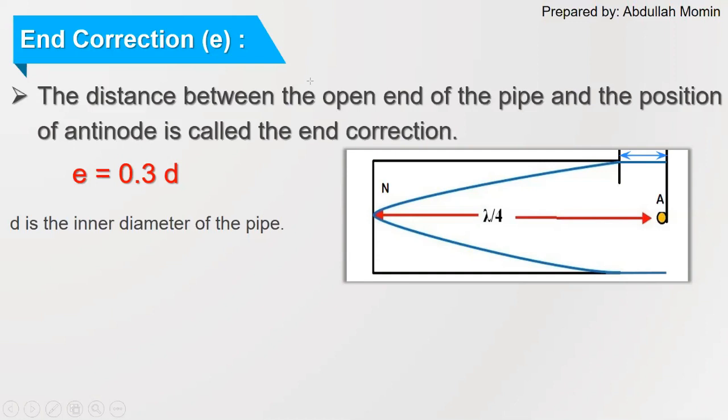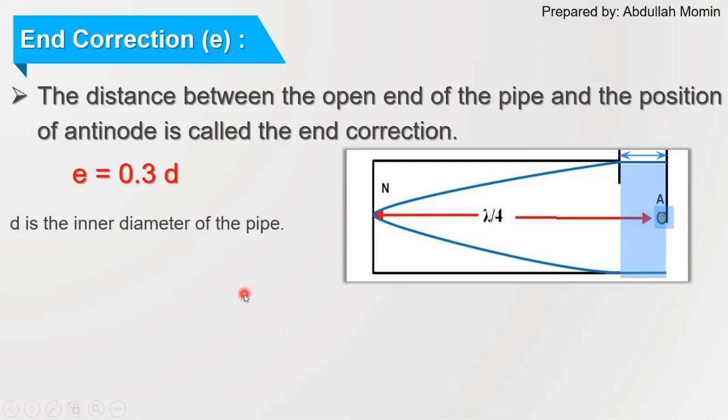Antinode always forms at the open end of the pipe or beyond it by a certain distance, and the distance of the antinode from the open end of the pipe is called end correction. So this distance is nothing but end correction. And in order to calculate the end correction, the formula is given: e is equal to 0.3 into d. The d is the diameter of this pipe.